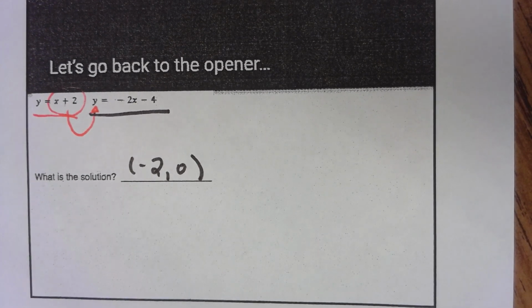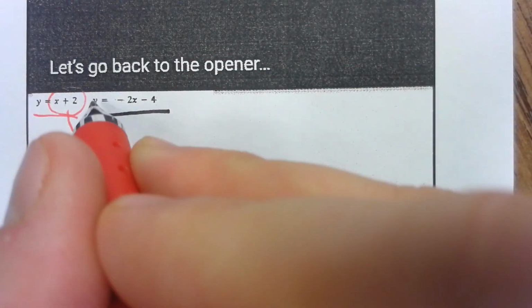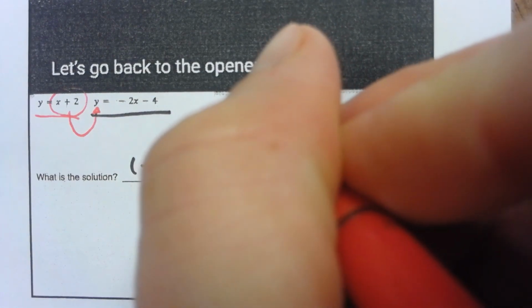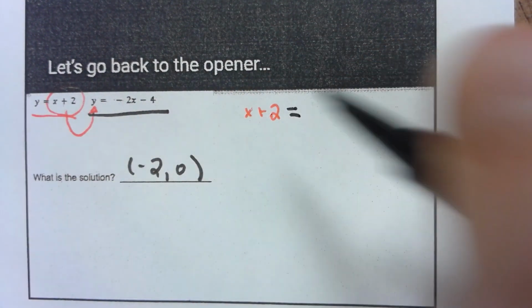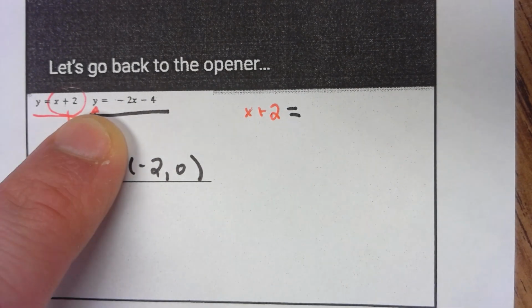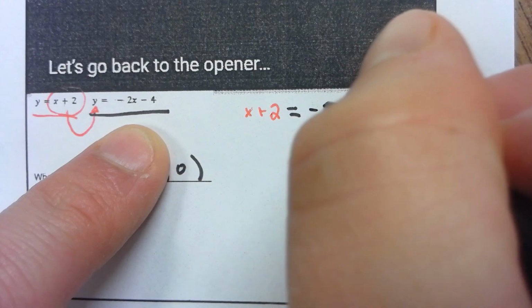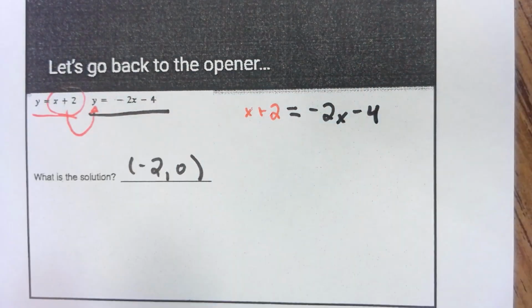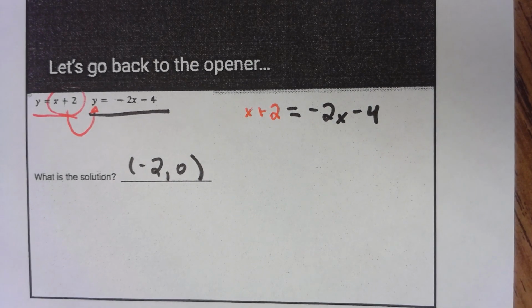Again, I'll use some colors to help us see this. This first equation will be in red. That's going to replace this y, so the left side of the equation is x plus 2. Then we have the equal sign. And the only thing that got replaced in this second equation was the y. The right side stays the same as negative 2x minus 4. This is that equation that just has one variable, right? Those are only x's.